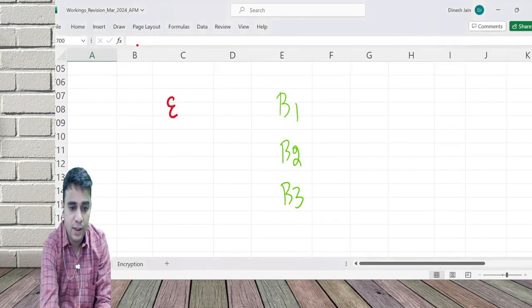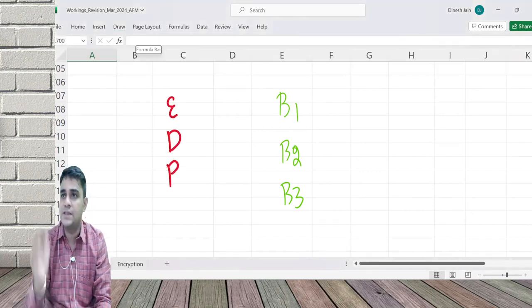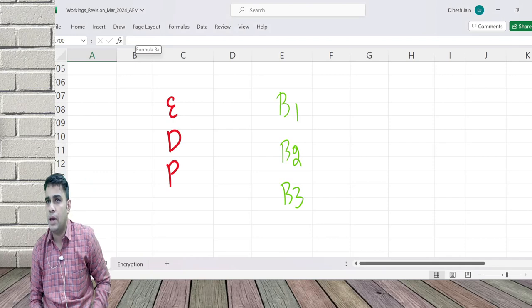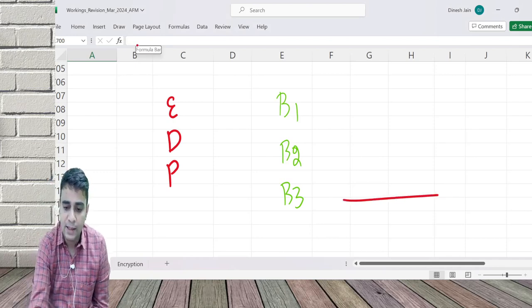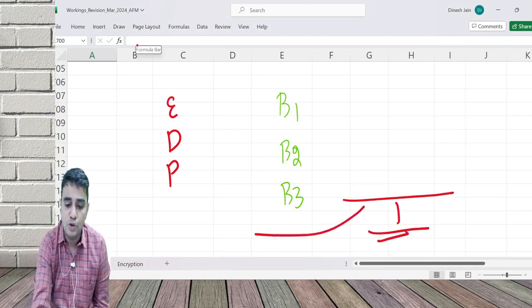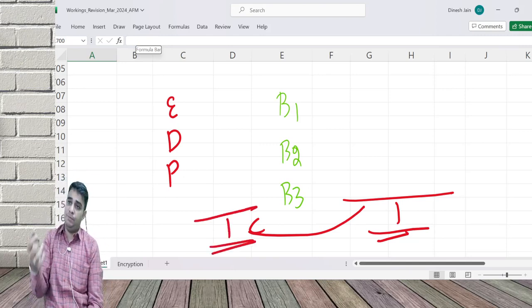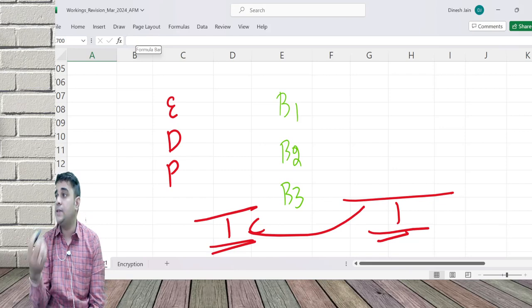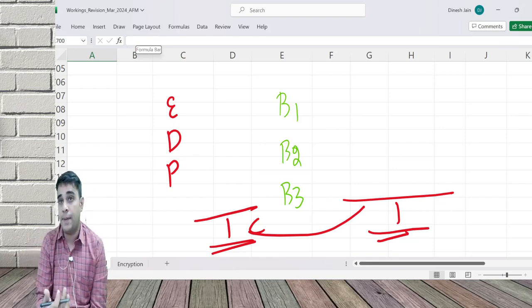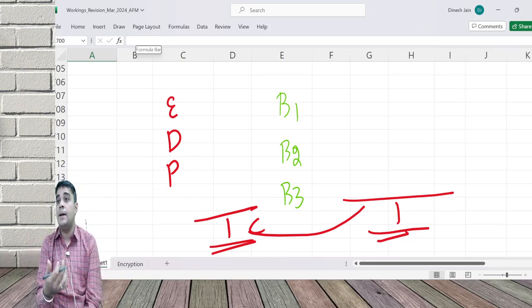This side I have equity, debt, preference. Let's, for the time being, just consider this alone. Others are not there. You calculate the beta of this as 1. In this side, debt carries a beta. Preference also has a beta. Equity beta can become the balancing figure.